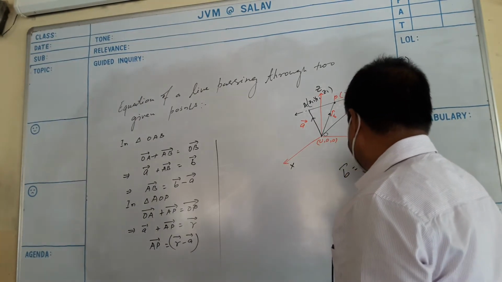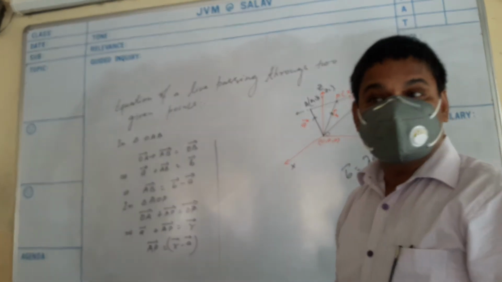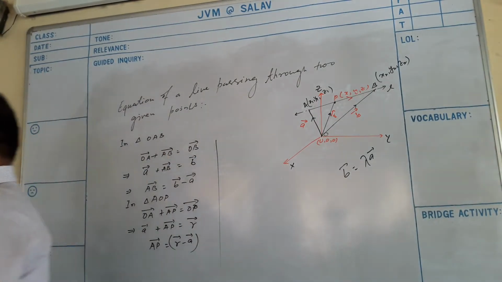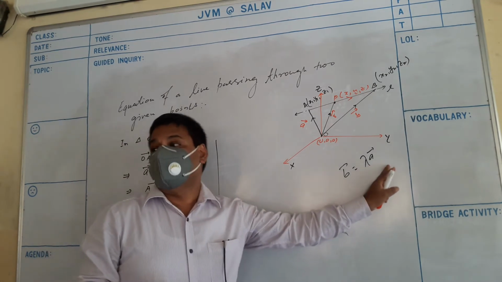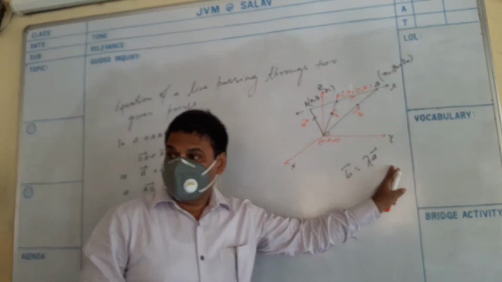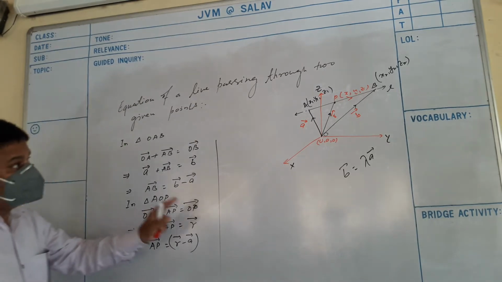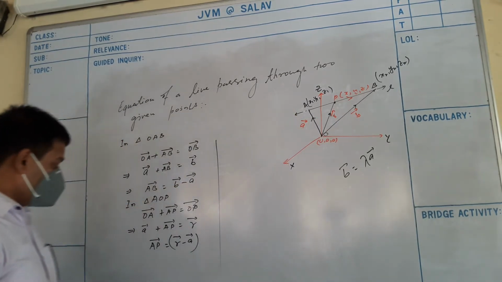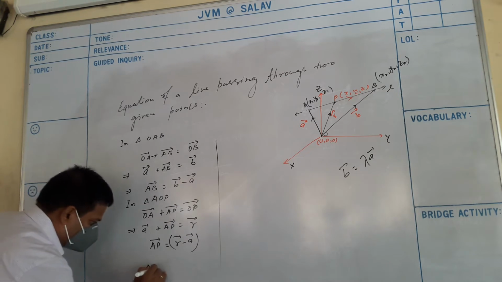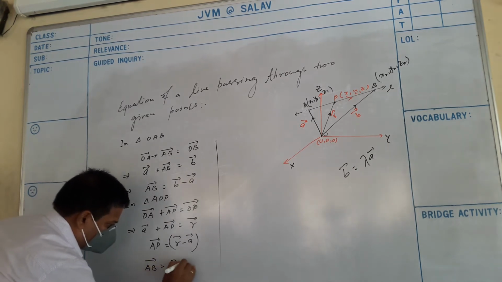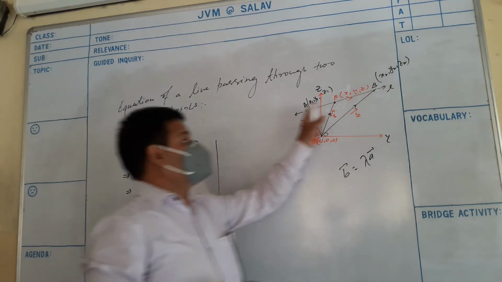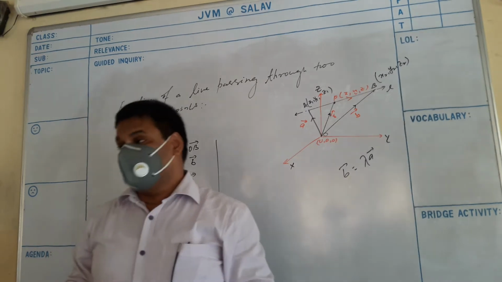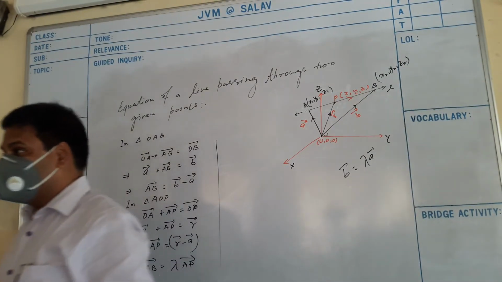We know that if two vectors are collinear, vector B is equal to lambda vector A. Similarly, vector AB is equal to lambda vector AP, because both points lie on the same line. It means collinear. Up to here, any doubt?